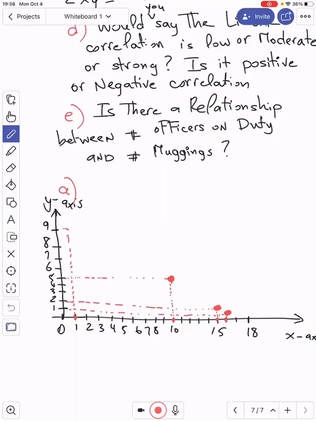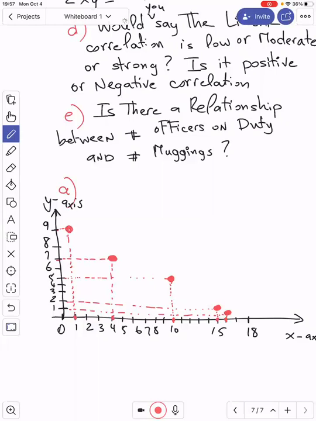So this is 9 right here. So that'll be this point right here. Okay, next point we have 4, 7. So if x is 4, we're gonna go up to 7. So here is 7, right? So that'll be this point.